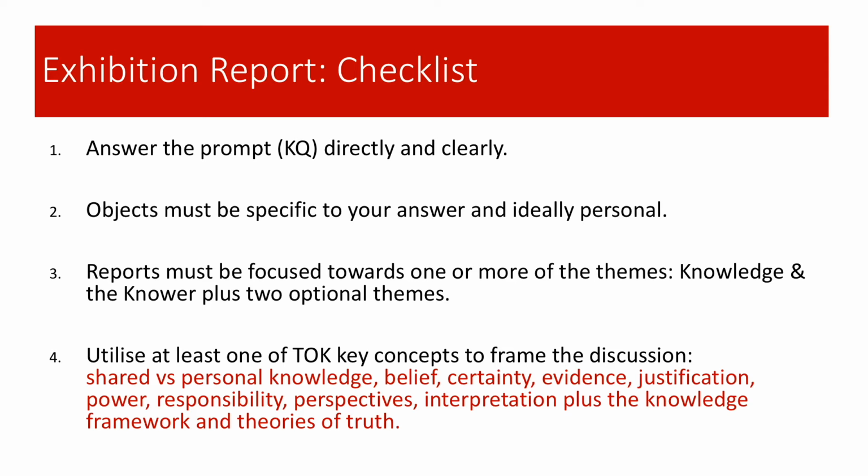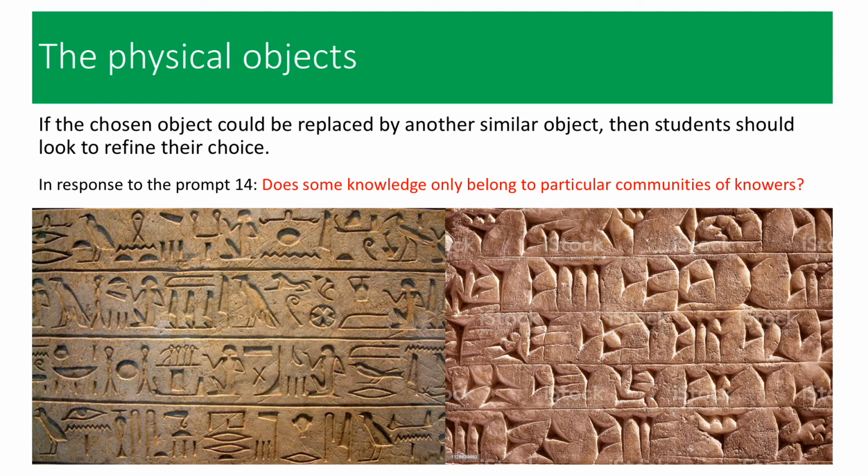With regard to the objects being specific, it should not be possible to replace one of your chosen objects with another object and your answer to still be consistent. A good example of this is on the screen here, and they chose hieroglyphics as their object to illustrate their answer.